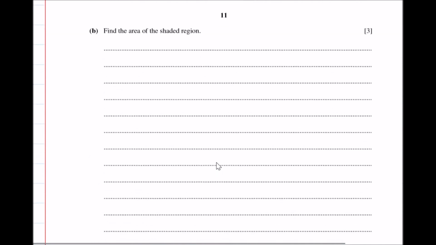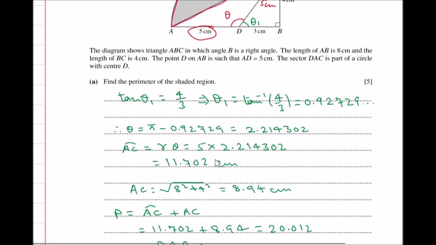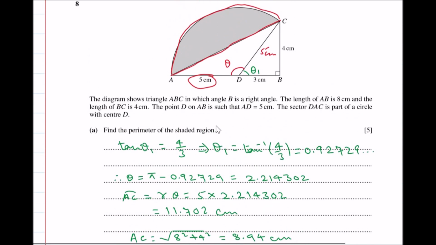Next part. Find the area of the shaded region. So to find the area of the shaded region, let us see the diagram. We can find the area of the sector, I mean to say this whole thing. Let me show you here. Okay.